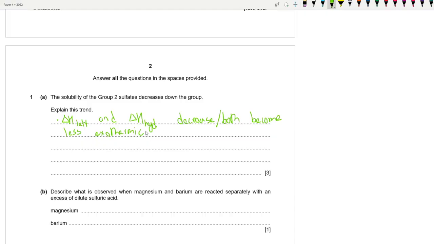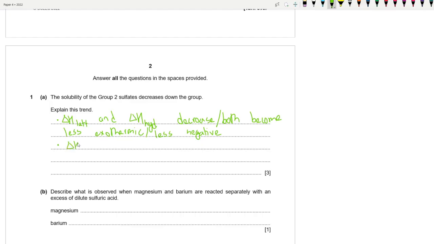Or you could say that they become less negative down the group. But barium sulfate is a white precipitate, right? So what actually happens? You guys do understand that hydration is the factor which actually makes you more soluble. Lattice actually prevents that. So hydration is actually the dominant factor. It decreases by a greater margin.